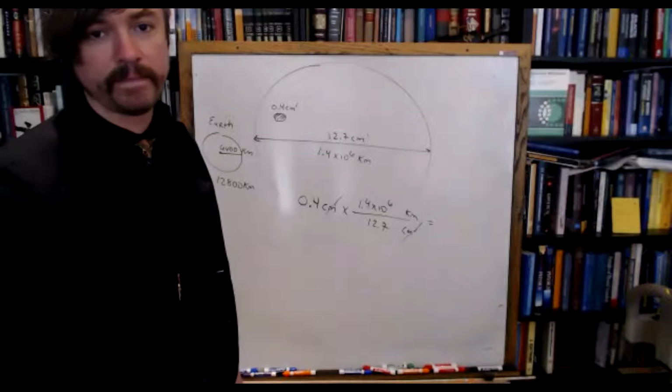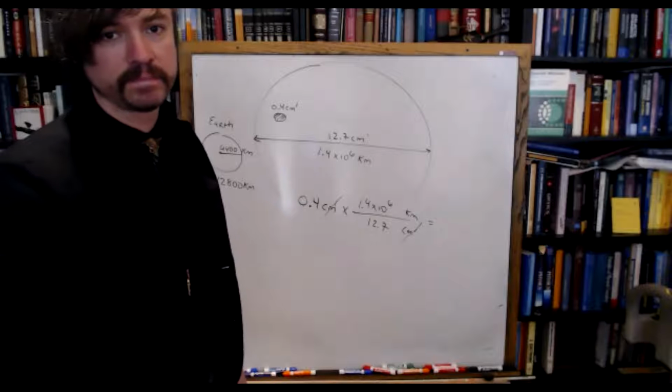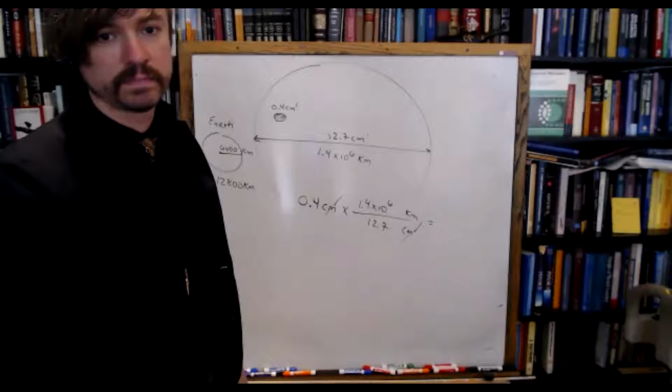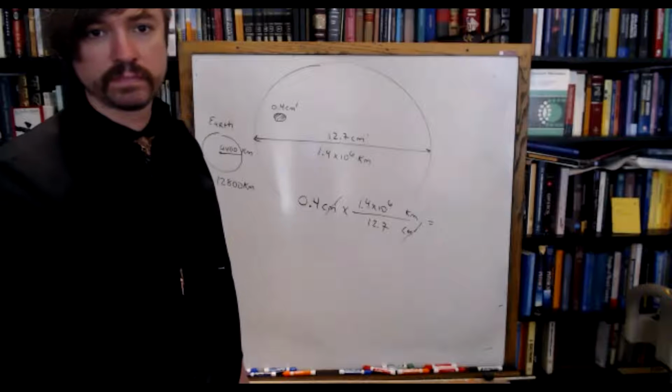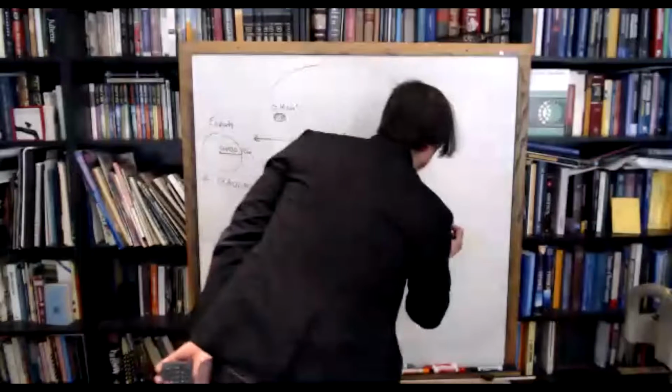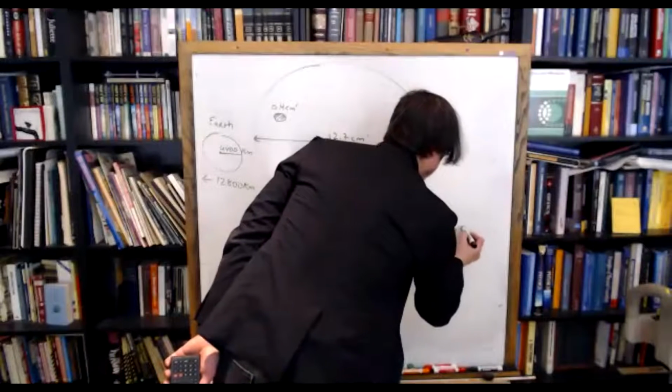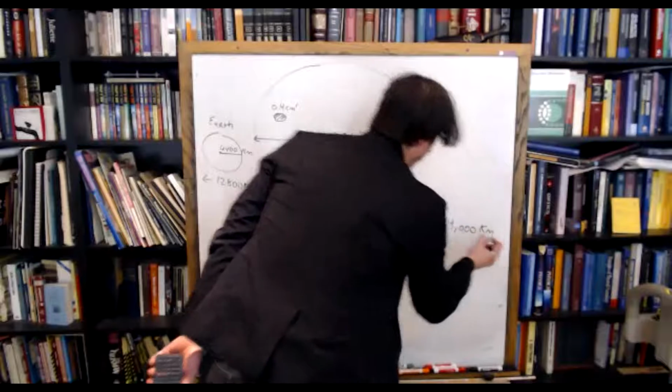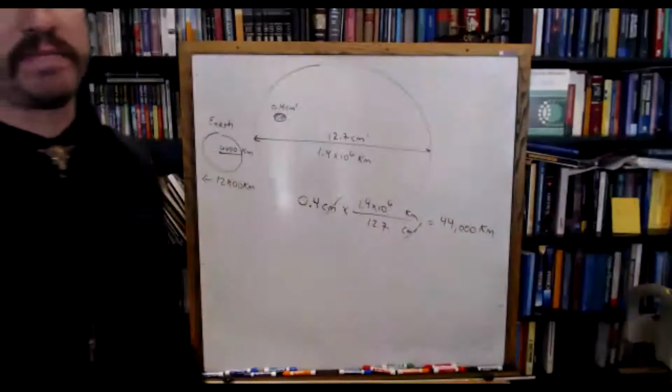What'd you guys get? I got 44,000 kilometers. How does that compare to the diameter of Earth approximately?